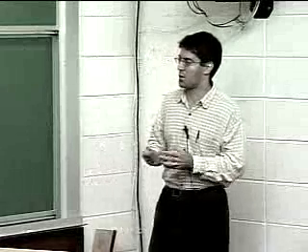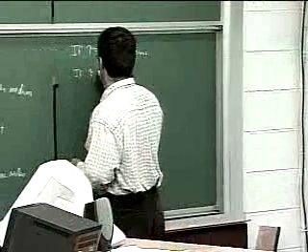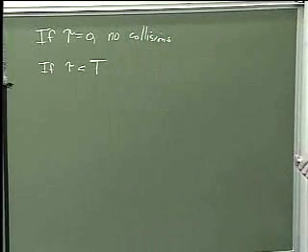Okay, how do things work if tau is less than T? So the time it takes us to send a packet is larger than propagation delay. This is pretty reasonable for normal environments. Okay, so how does this look now?